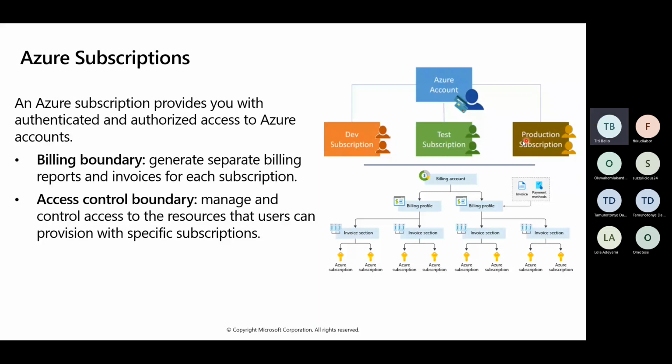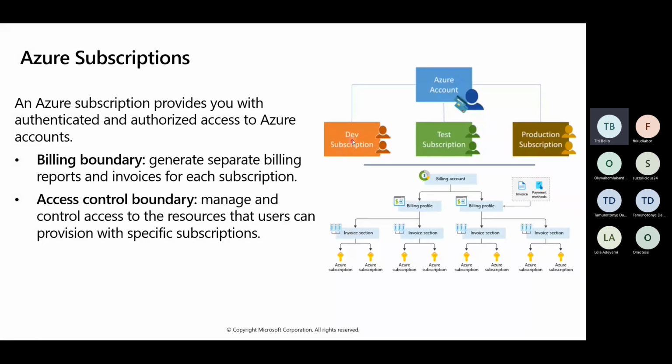So a subscription can be based on usage, on department, or on billing requirements. Billing accounts will be tied to the Azure account. Then from there, you will get each of the subscriptions, and when you go into one, you will see the usage and what you need to pay next.